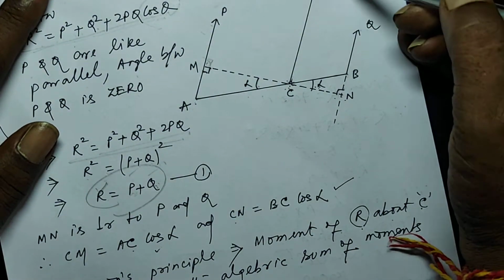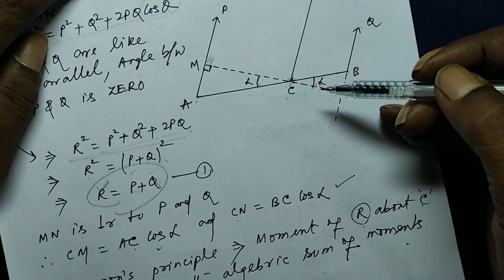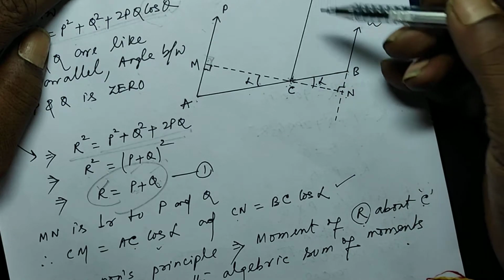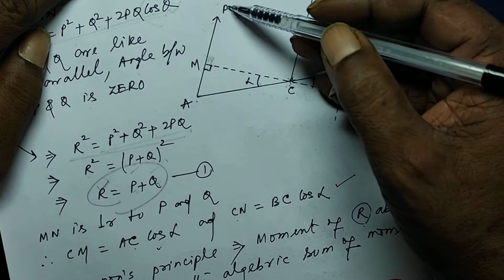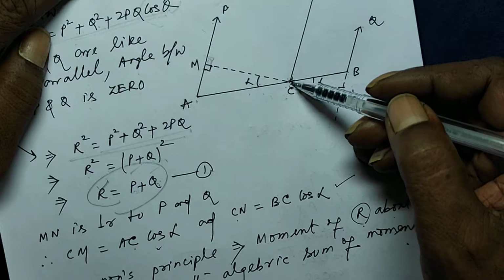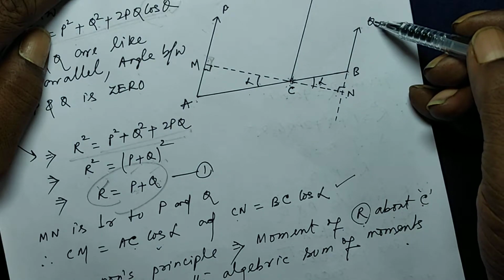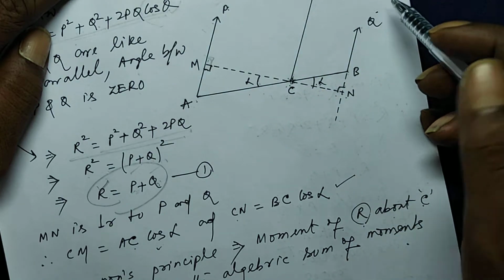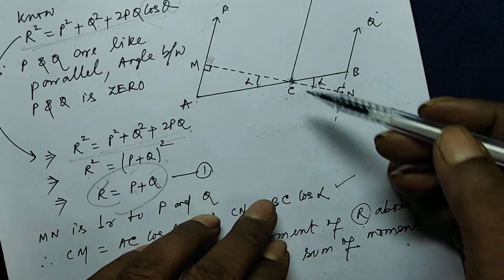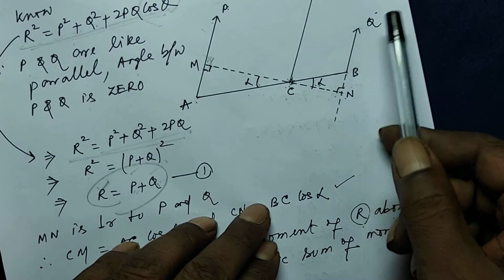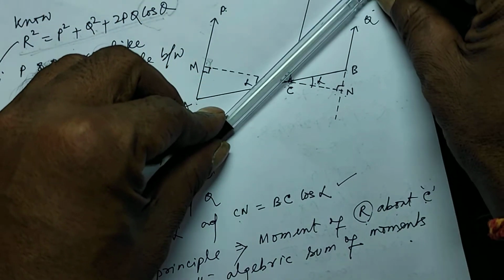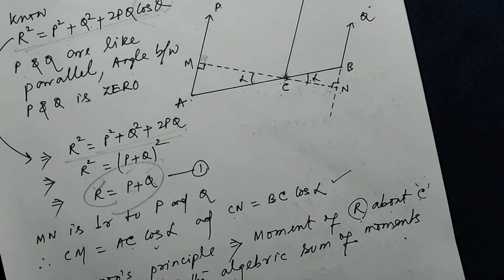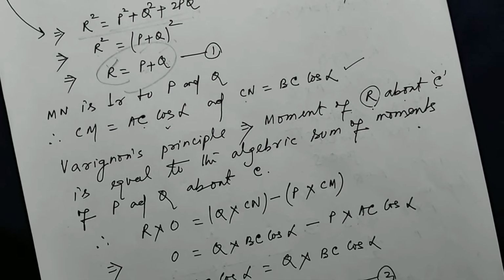Means this resultant, whatever moment, means the turning effect, this R produces about C, that will be equal to the moment of the force P about point C plus the moment of the force Q about also the same point C. Now P and Q both will have different turning effects about point C. Q will have a turning effect like this, anti-clockwise, and P will have a turning effect clockwise. So both must be equal and opposite.